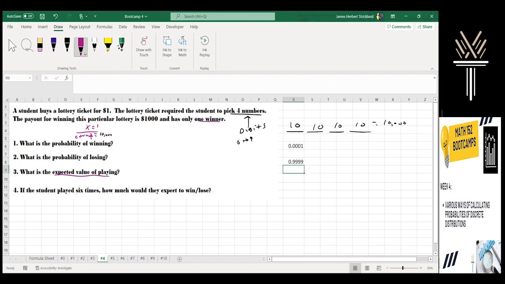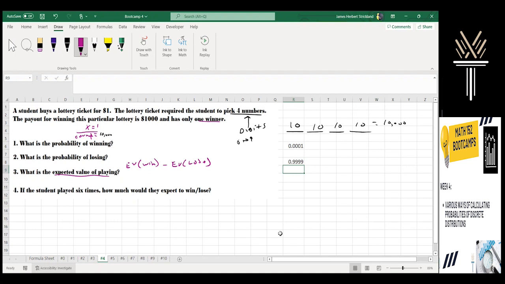What does it mean to win, or expected value of playing, I should say? That's a fun thing to think about. So essentially what we're going to figure out is the expected value of winning, and we're going to take away how much money we think we would lose. So we're going to find the expected value of winning minus the expected value of losing.